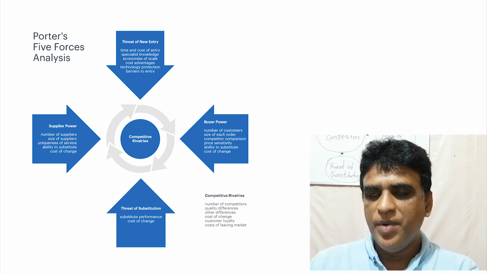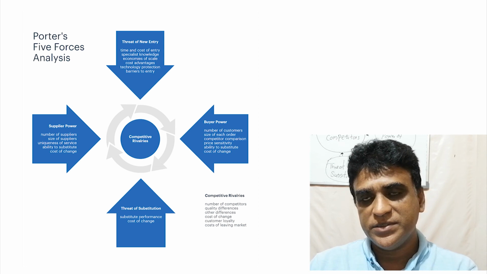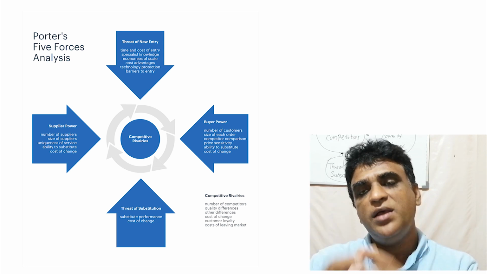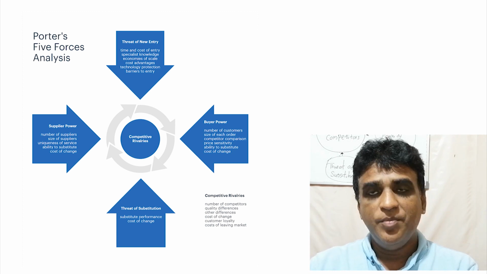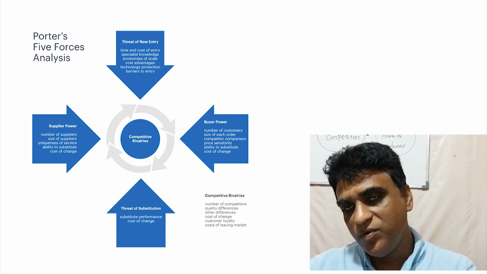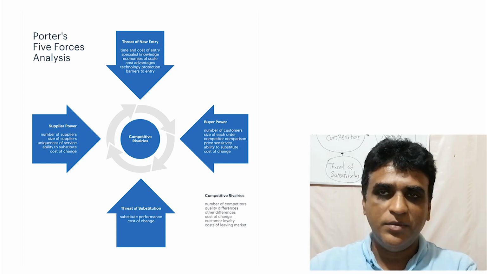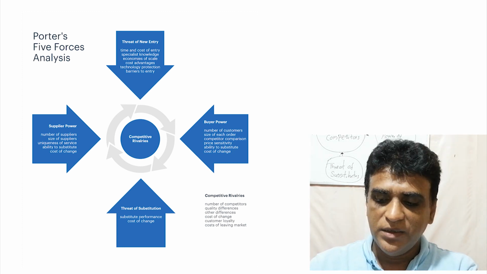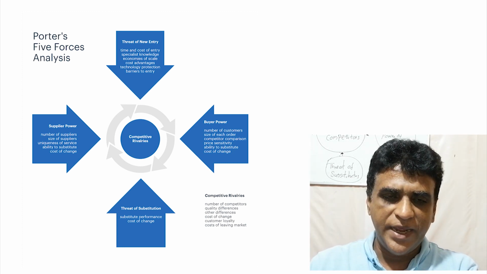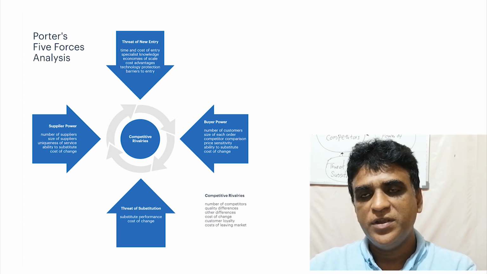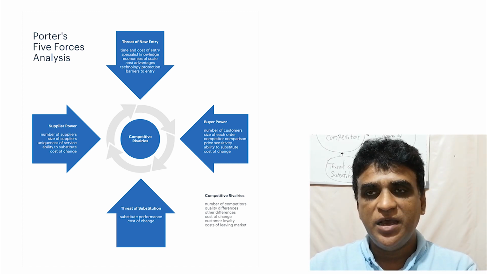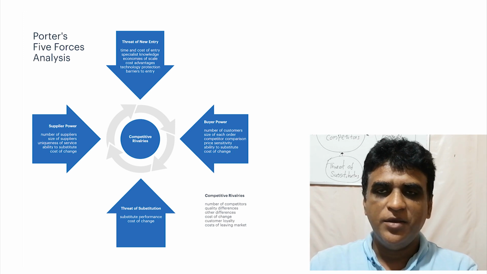Third is bargaining power of suppliers, how far suppliers can bargain. Next is bargaining power of customers, how far customers can bargain the prices of products. And finally, threat of substitute products. These are the five forces introduced by Michael Porter.